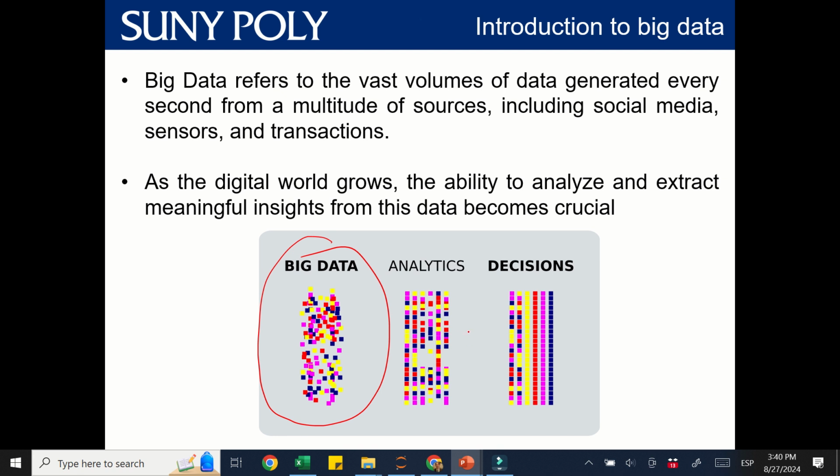And the whole purpose of that is that at the end, we can make decisions. We can create some models, in some cases predictive models, in other cases just models to identify some patterns in order to take data to action. That's the whole purpose of the tools that you're going to learn in this class.